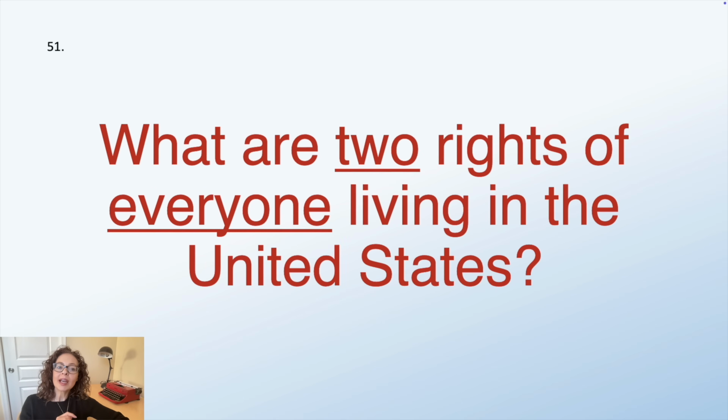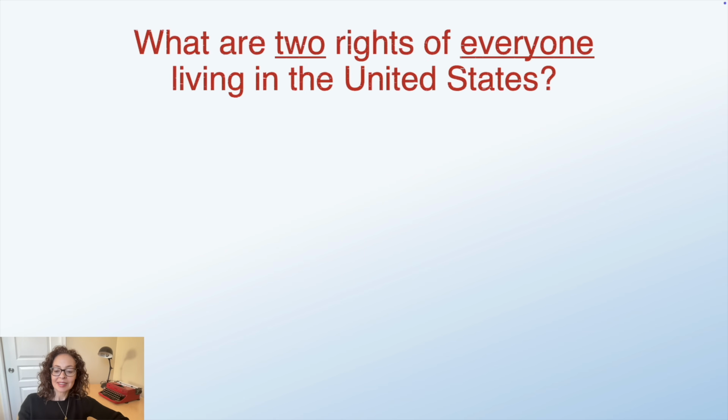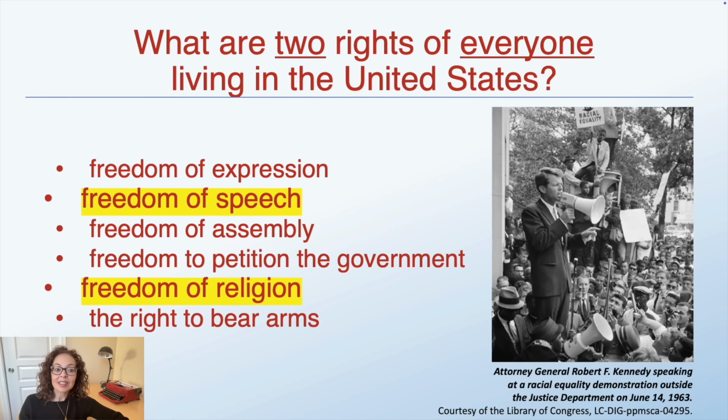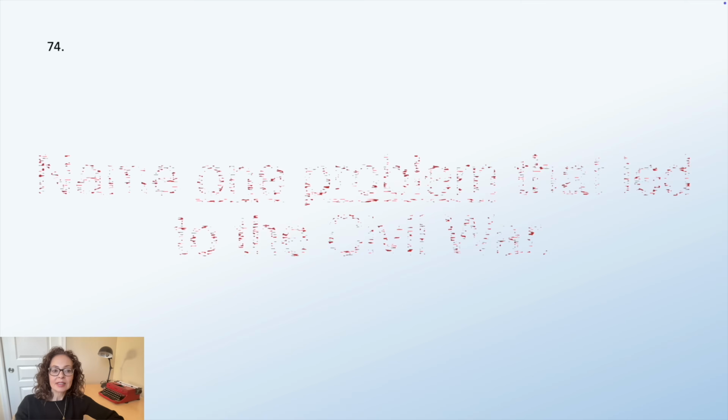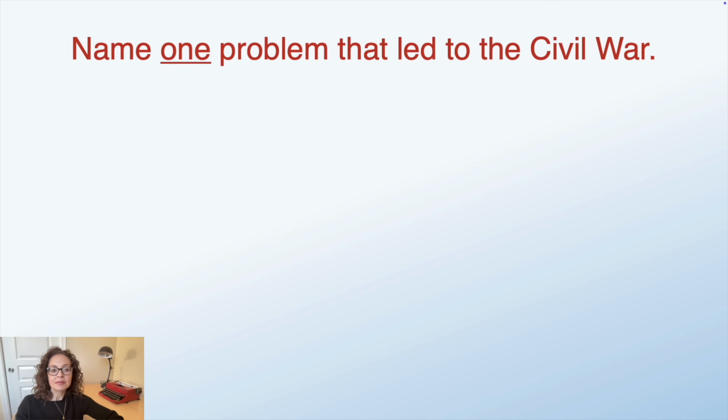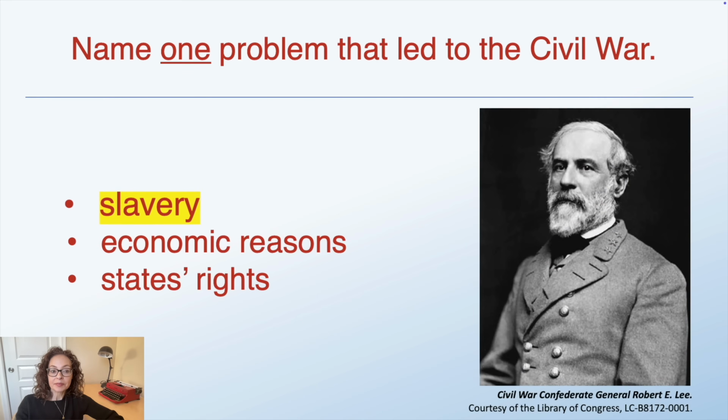What are 2 rights of everyone living in the United States? 2 rights of everyone: freedom of speech and freedom of religion. Name 1 problem that led to the Civil War. Slavery.